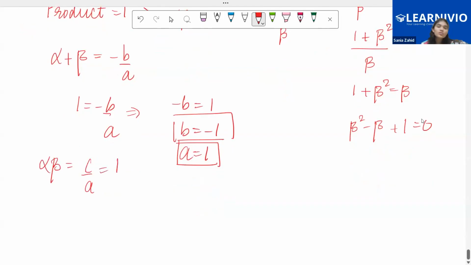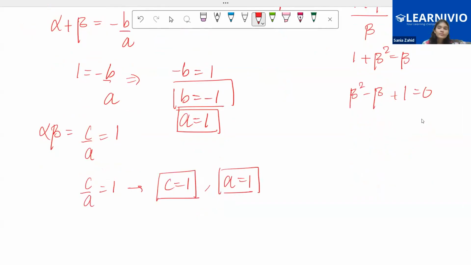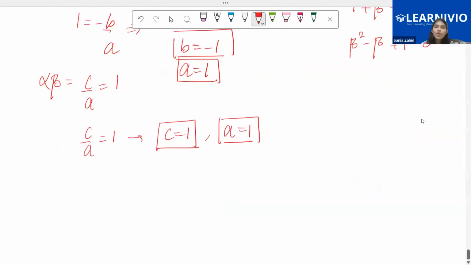We know this is also equal to 1. So c by a is again equal to 1. So c is 1 and a is again 1. Okay? Understood?